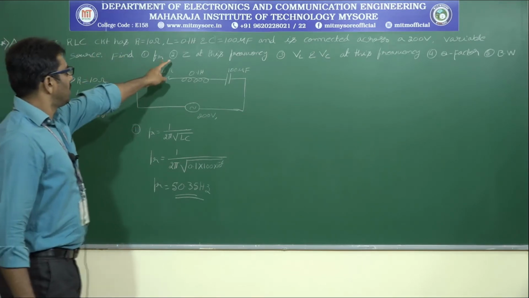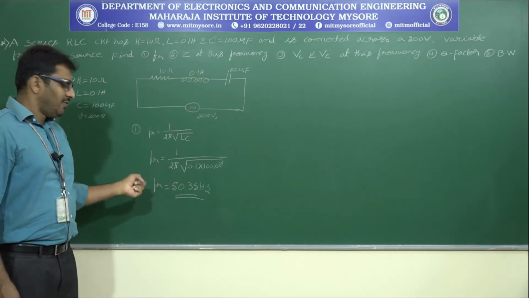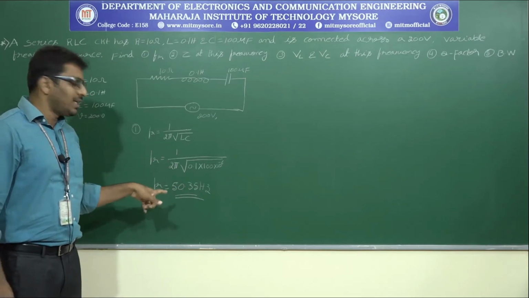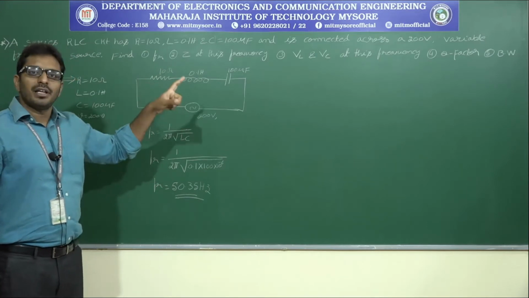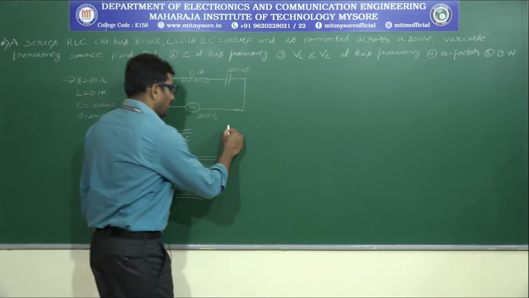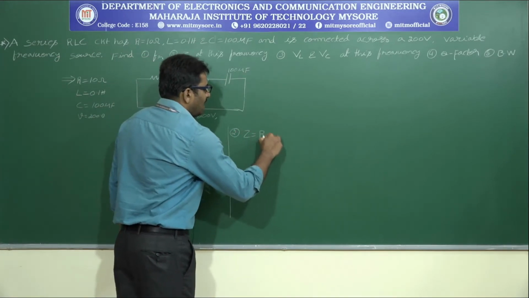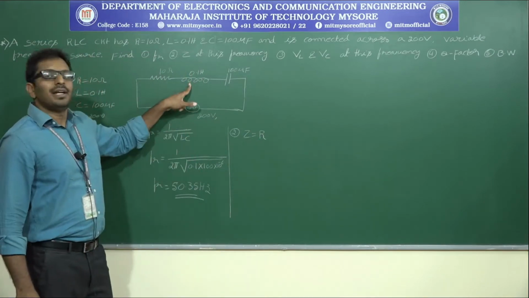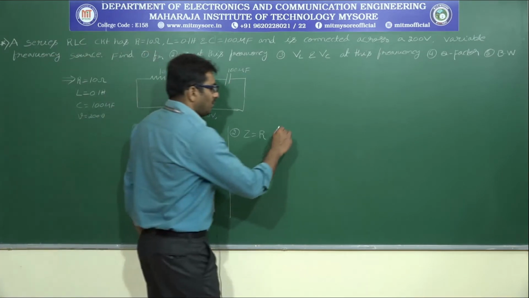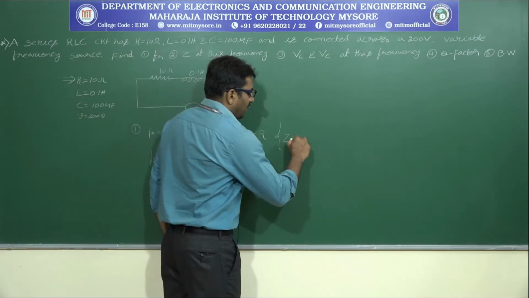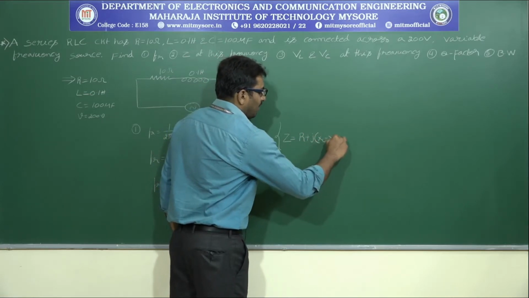Then what is the second question? The impedance at this frequency. At resonant frequency, the impedance of the circuit is exactly equal to resistance, because at resonance frequency the inductive reactance cancels the capacitive reactance. The formula for impedance is R plus j into XL minus XC.